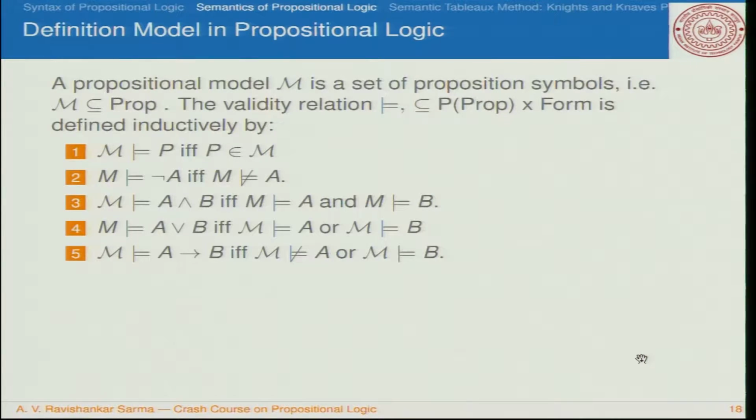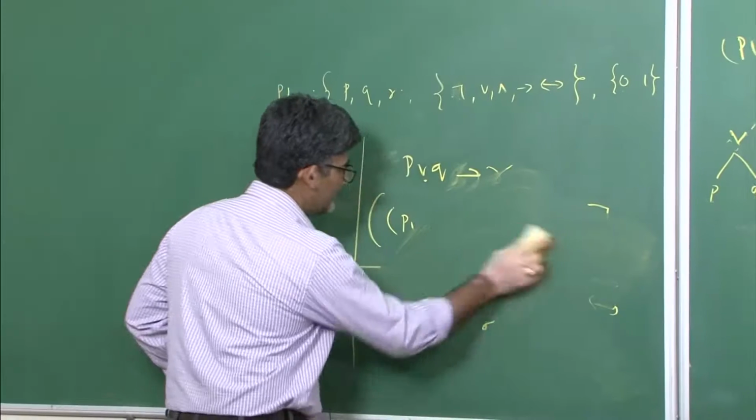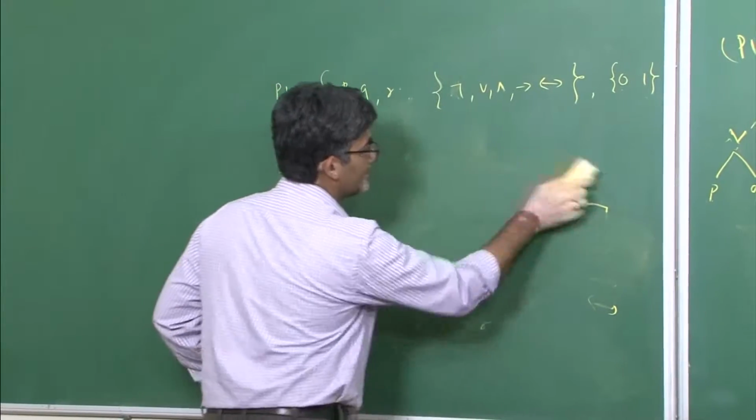Now we are talking about a propositional model, which consists of propositional symbols belonging to some set of propositional variables, and we have a validity relation which we write as the double turnstile. There is a difference that we will be following, so we make use of two symbols.